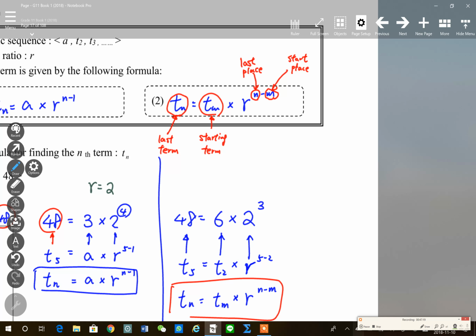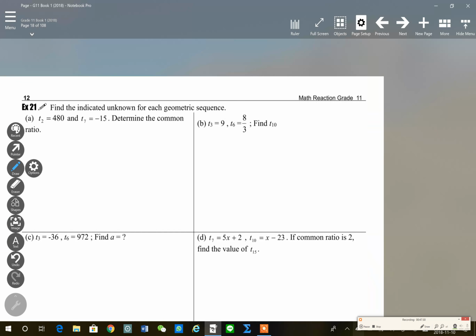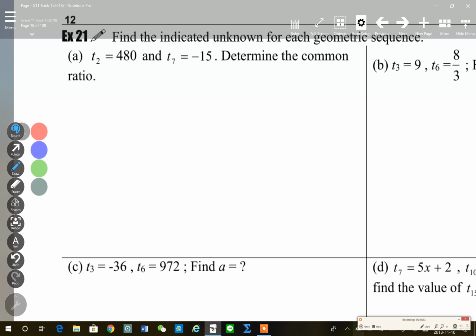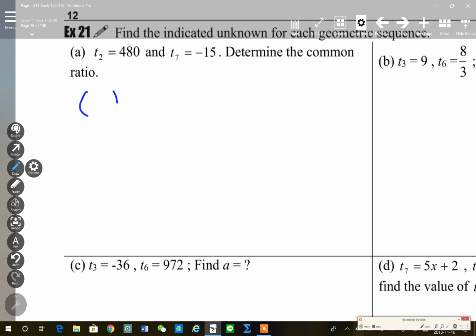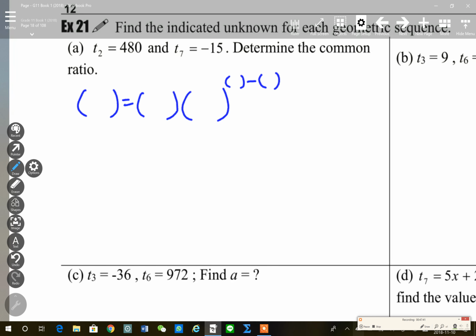Okay, we'll move on to the next page now, question A. So you will always have 5 blanks, and then one of the blanks is the unknown. Think about which one is the unknown and what to fill into the other blanks.